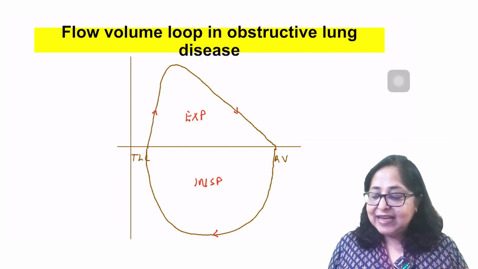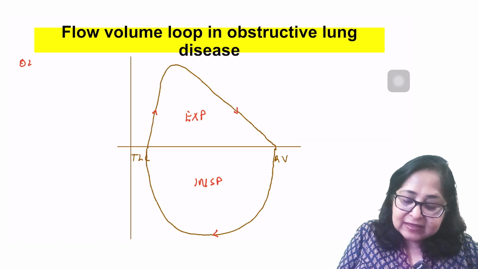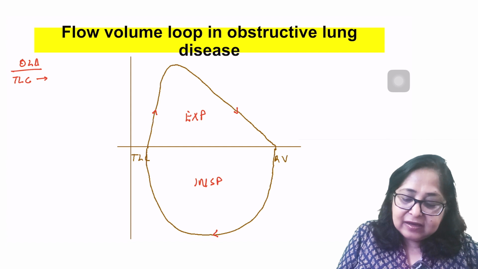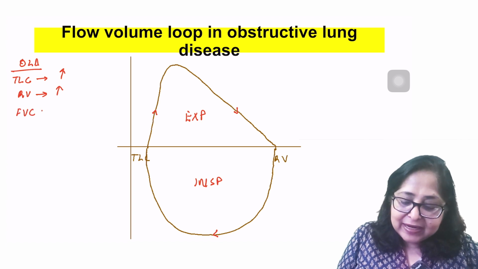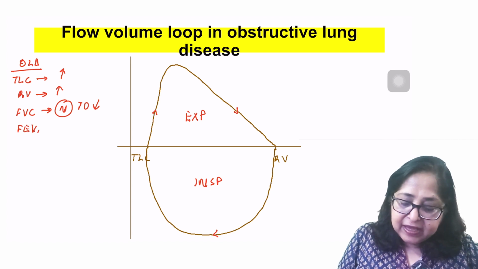Now let us try and understand what happens in obstructive lung disease. Now in obstructive lung disease, the total lung capacity is increased, residual volume is increased, forced vital capacity is normal to decreased. FEV1 by FVC ratio is definitely reduced.